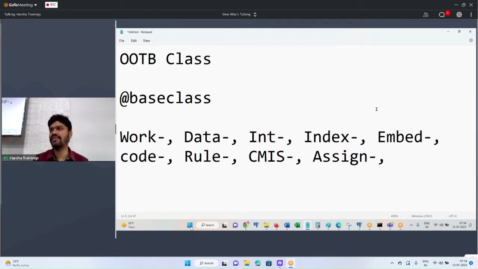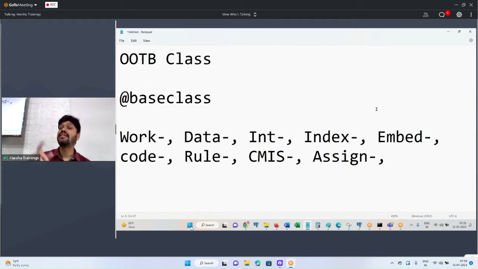You create only A without a dash, then that is a concrete class. That naming convention has been deprecated starting from Pega 7, by Pega Systems. You don't need to bother about it because you have a drop down option, provided to choose whether it is abstract or concrete. So that has been deprecated long back since 7 itself.